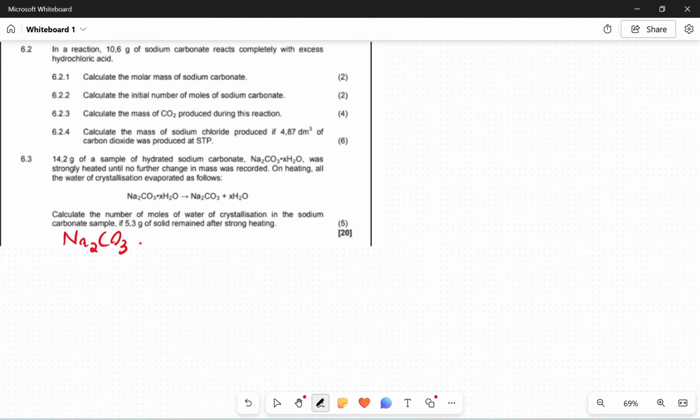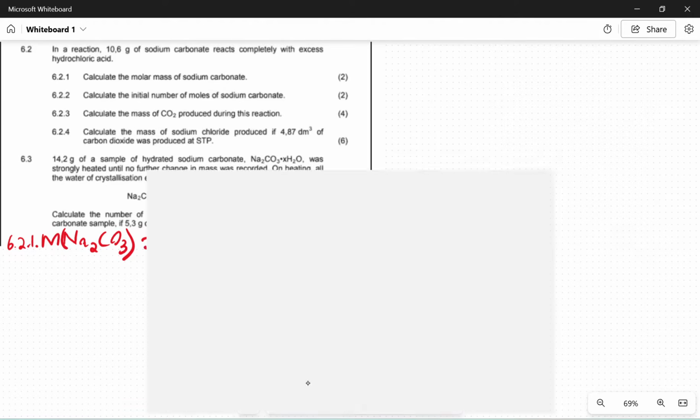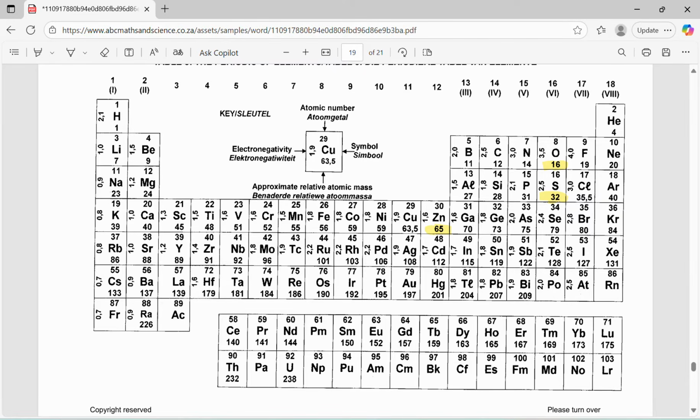Okay, now they say we must find the molar mass. So if we find the molar mass, this is 6.2.1. If we find the molar mass of sodium carbonate, we'll say how many sodiums do we have? We have 2. So I'm gonna say 2 multiplied by the molar mass of sodium. I get it from my periodic table, and there it is.